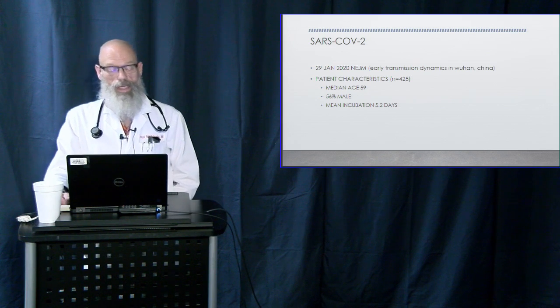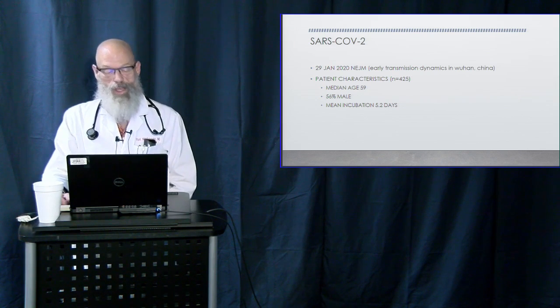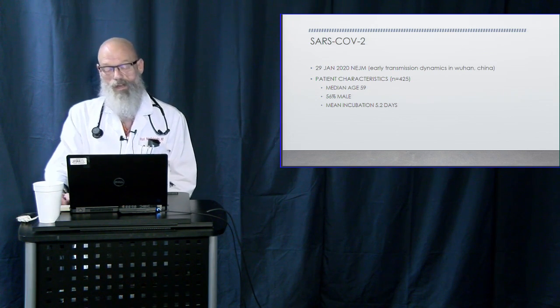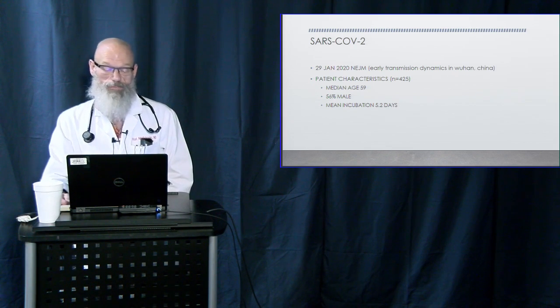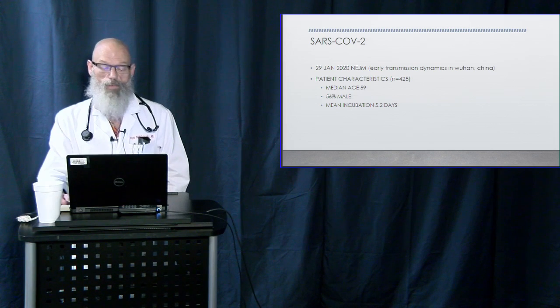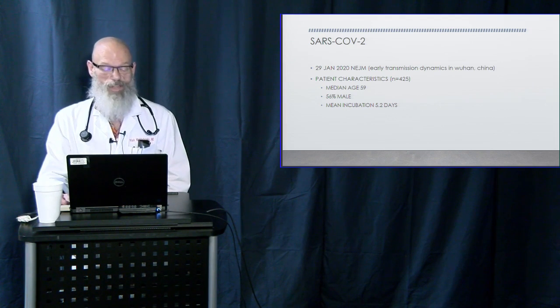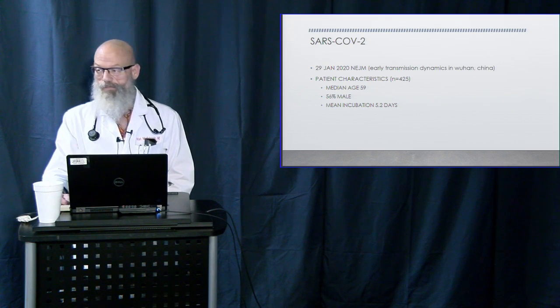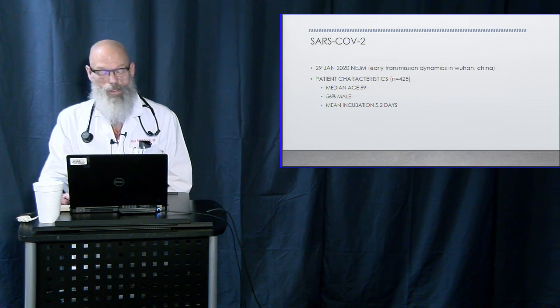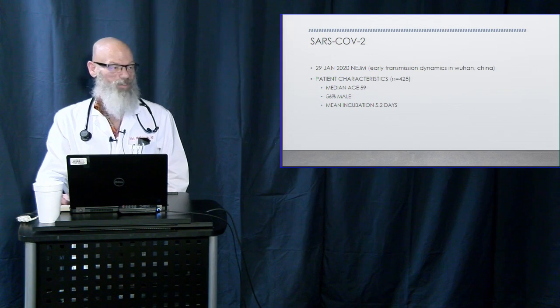There was an article in the New England Journal at the end of January discussing early transmission dynamics in China. They looked at 425 patients that had COVID-19. The median age was 59. 56% of them were male. The mean incubation was 5.2 days.